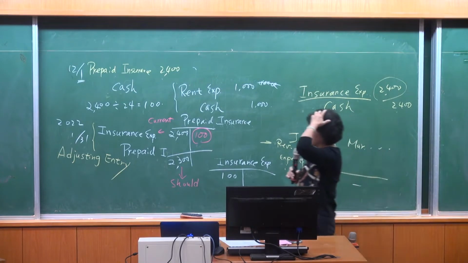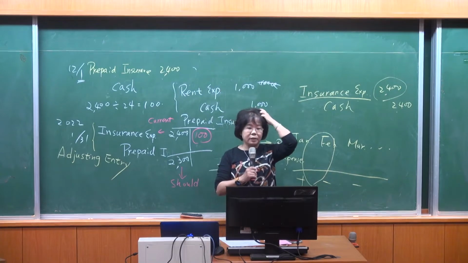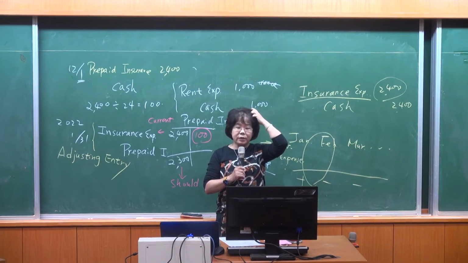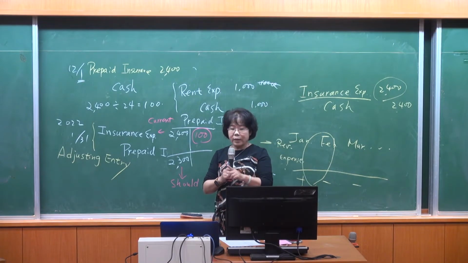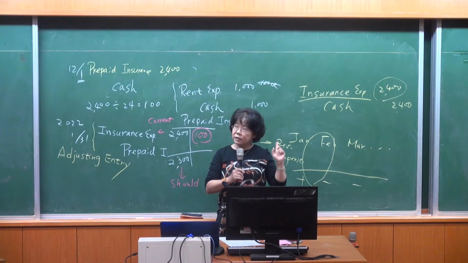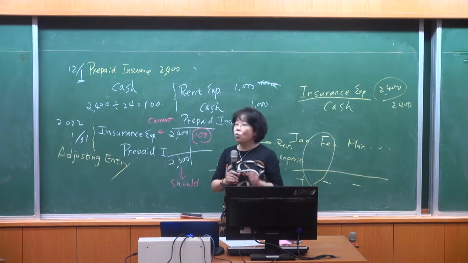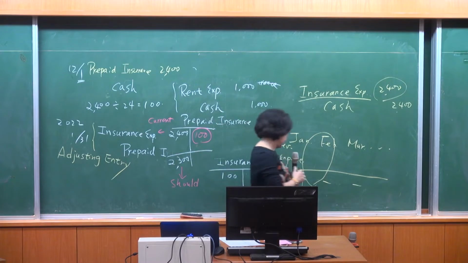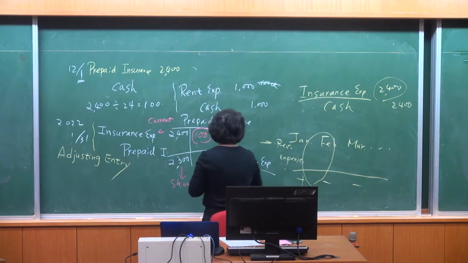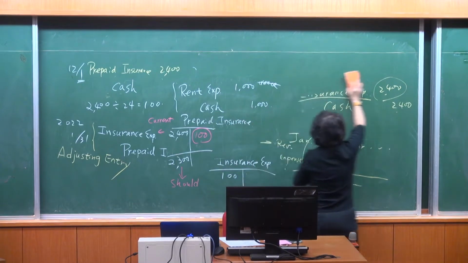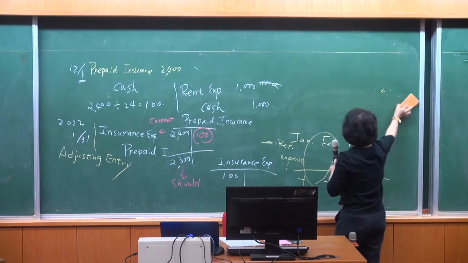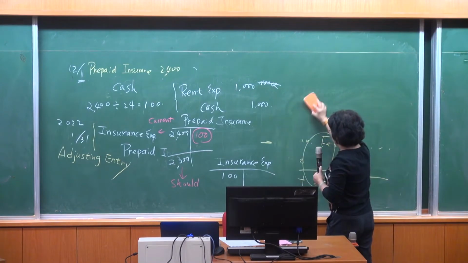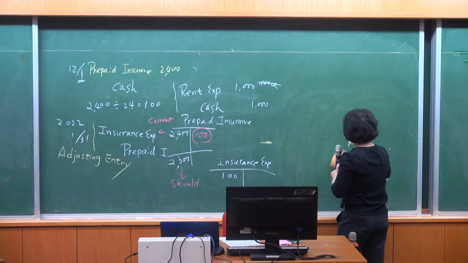So here, the most important thing: an adjusting entry affects one or more income statement accounts. What does that mean? What is an income statement account? You still remember we have 4 statements for the financial statements.